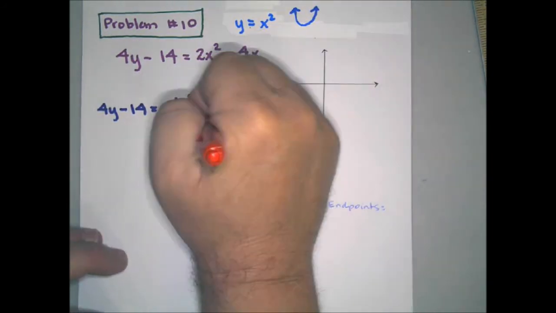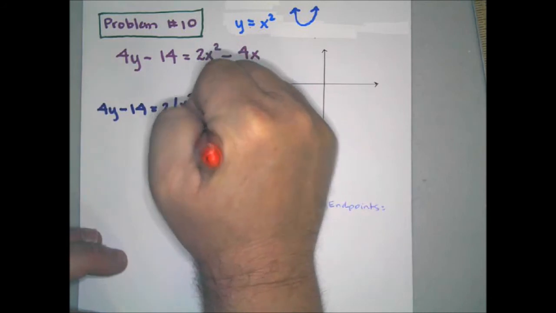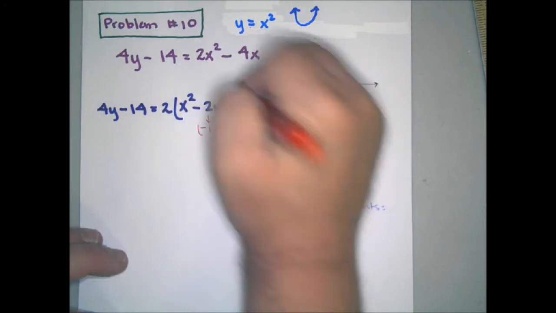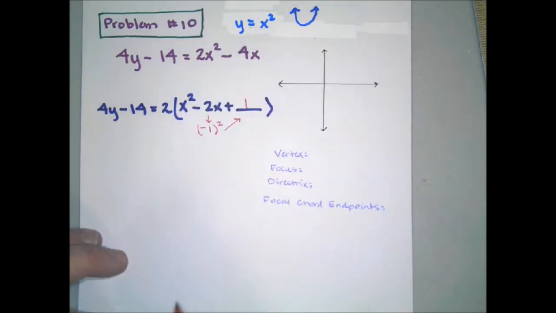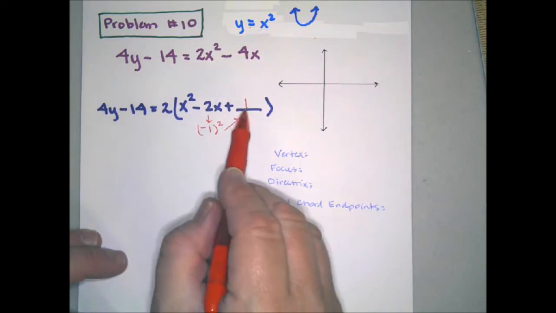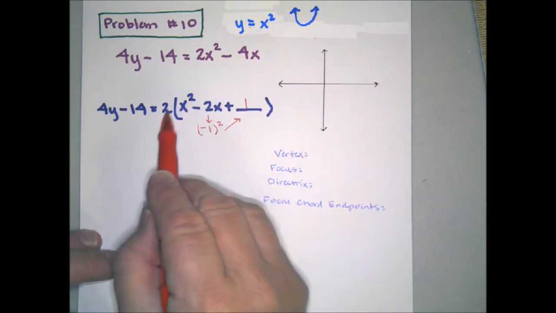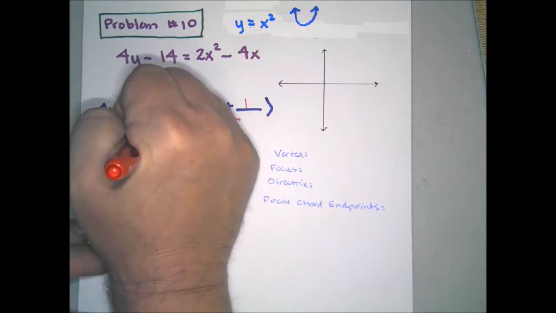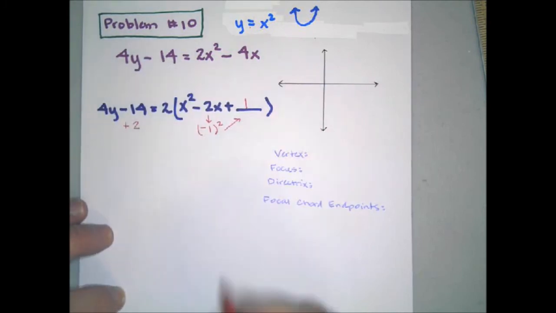So half of negative 2 is negative 1. Negative 1 squared is positive 1. But because of that leading coefficient, I don't just add 1 to each side. I add 1 times 2, so 2. To keep the equation balanced, I actually have to add 2.